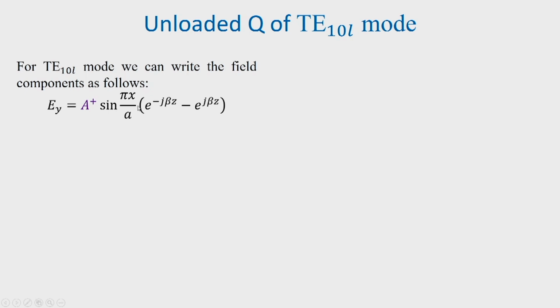So, this is the wave that is travelling in the plus z, and this is in the minus z direction, and similarly we can write H_x equal to A plus by Z_TE sin(pi x by a) times e to the power minus j beta z plus e to the power j beta z.